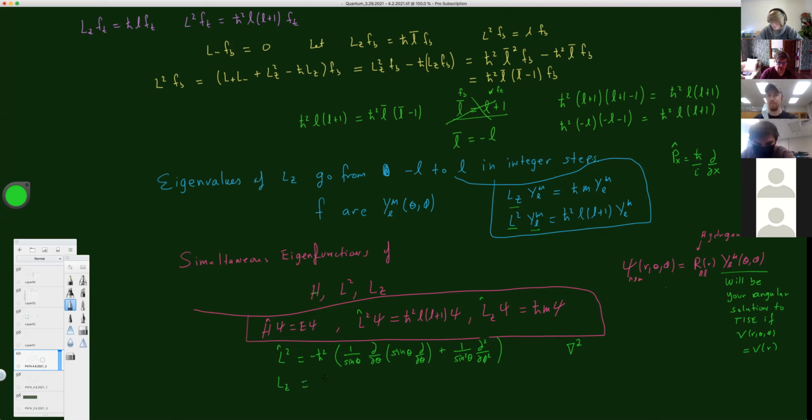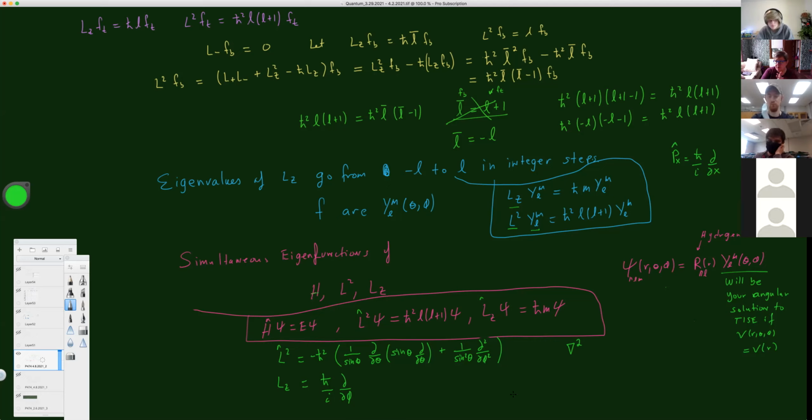And LZ has a differential form, which should be very reminiscent of your P. It's h bar over i d d phi.